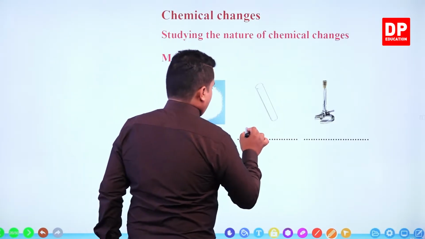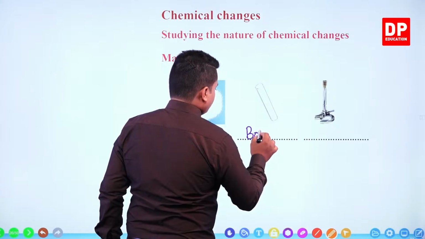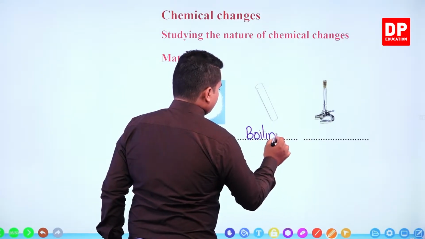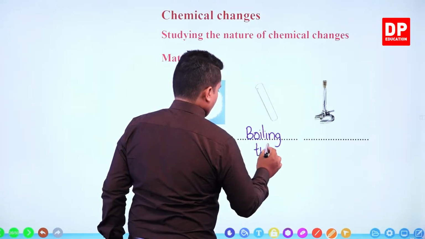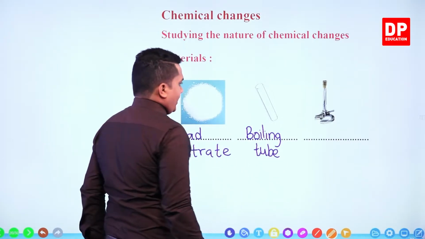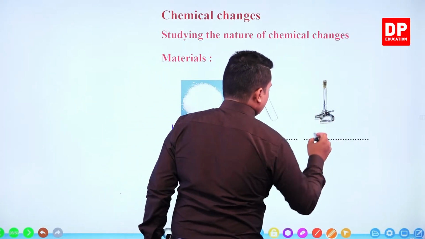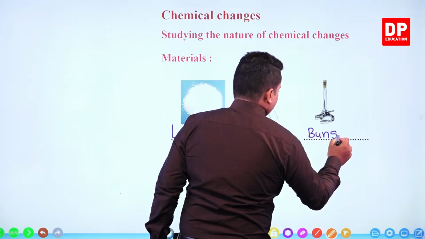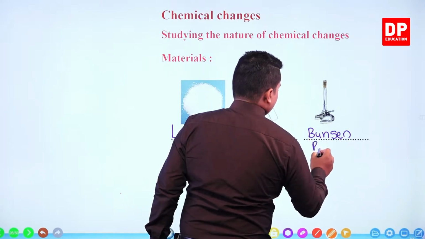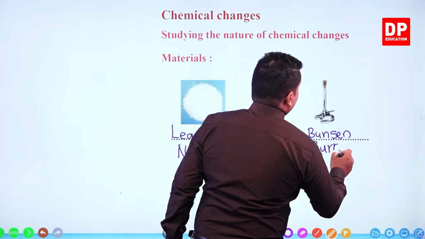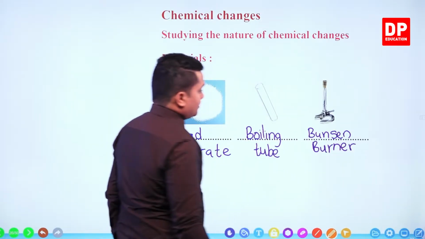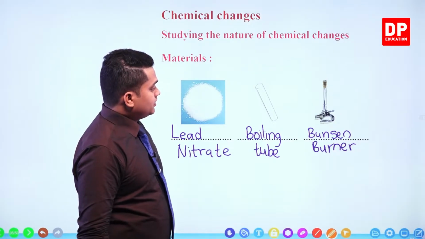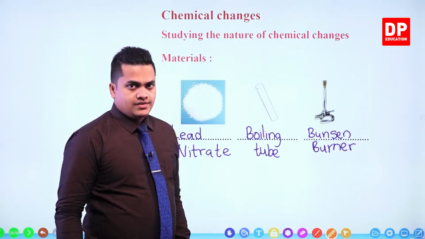Then we'll be needing a boiling tube, and a Bunsen burner in order to heat the system.